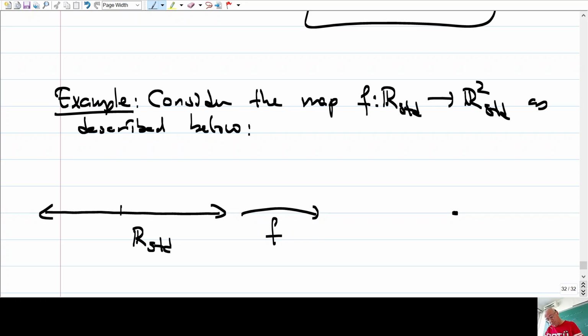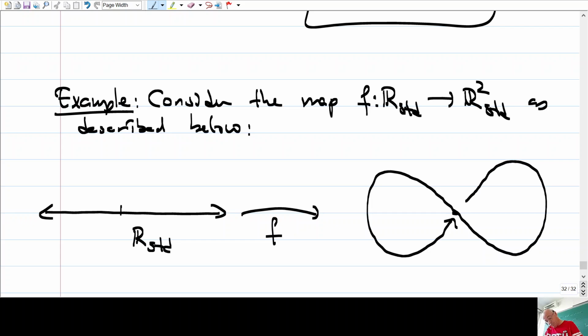Okay. So this 0 is mapped to this point, and the negative x-axis is mapped to this portion of the figure 8, and this portion of the real line, the positive x-axis, is mapped to this portion.